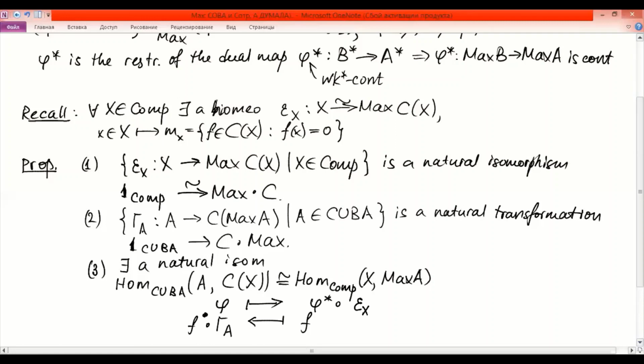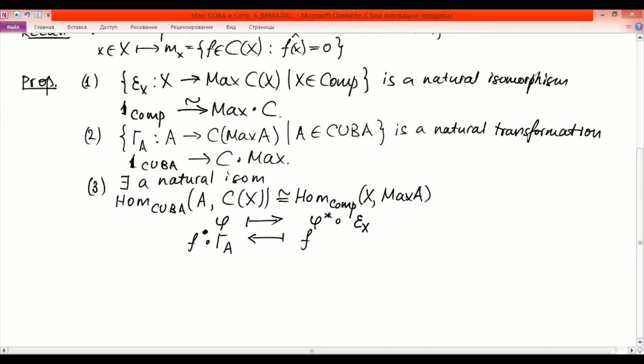Here A runs over the objects of cuba, and X runs over the class of all compact Hausdorff topological spaces. And to make this even more transparent, let's replace the category comp by the dual category, the opposite category. And so this is nothing but the set of morphisms in the dual category comp opposite from max of A to X.